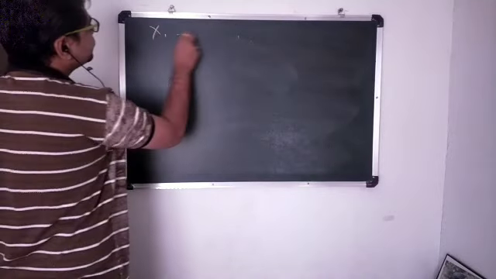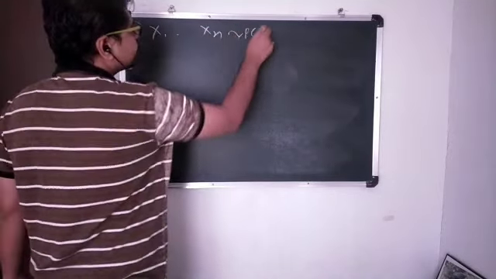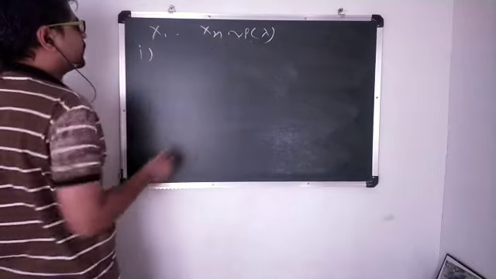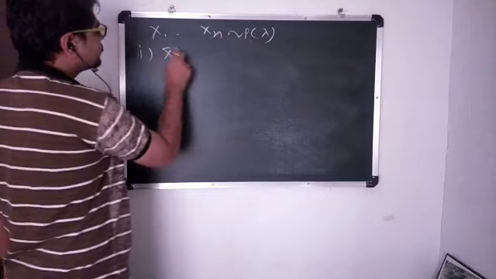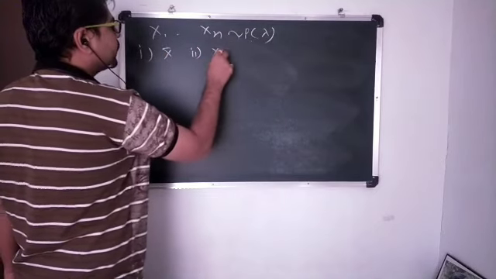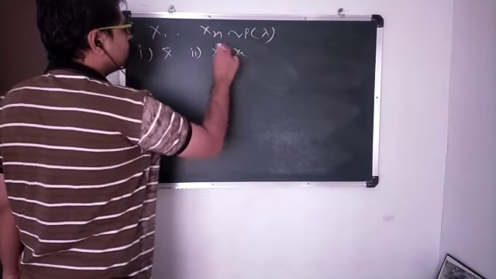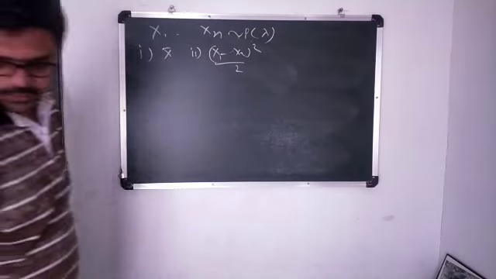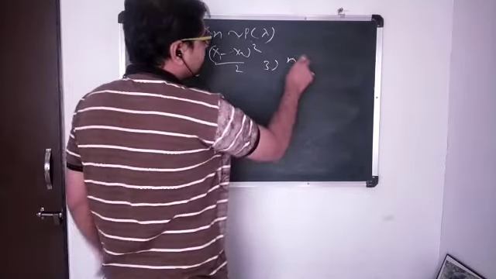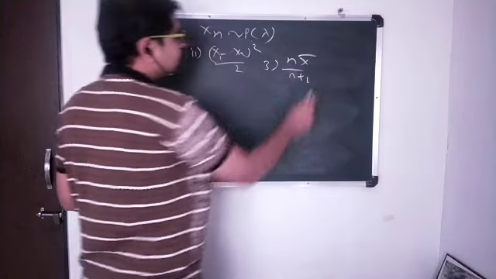Now we will go to an example. Suppose x1, x2, ..., xn is a random sample from Poisson(lambda). Then we have to check the consistency of estimators. The first estimator is x bar. The second estimator is (x1 minus x2) whole square divided by 2. The third estimator is n x bar upon n plus 1.